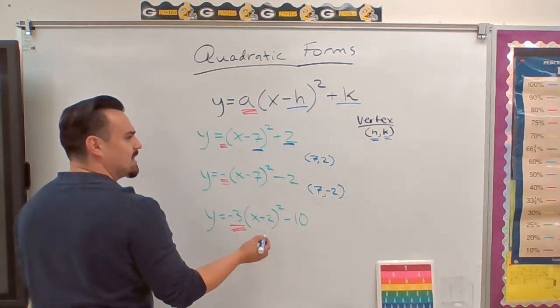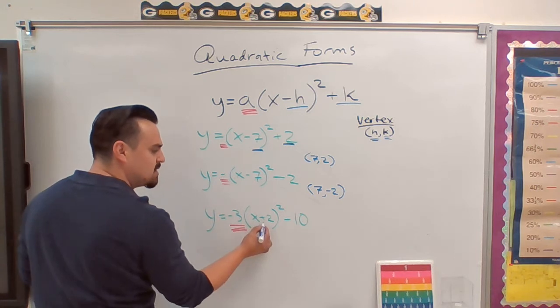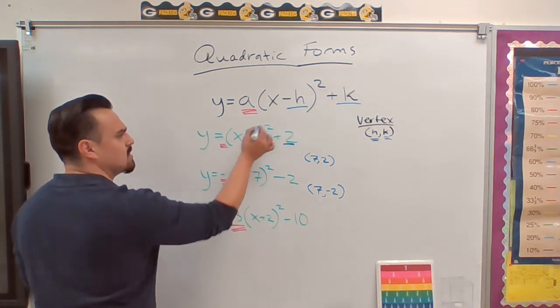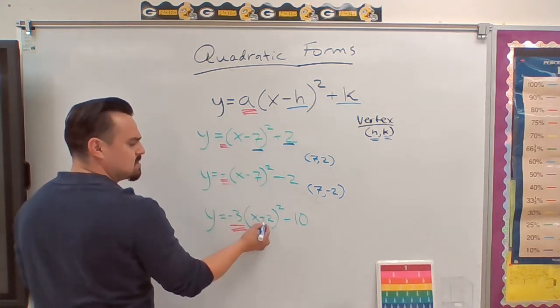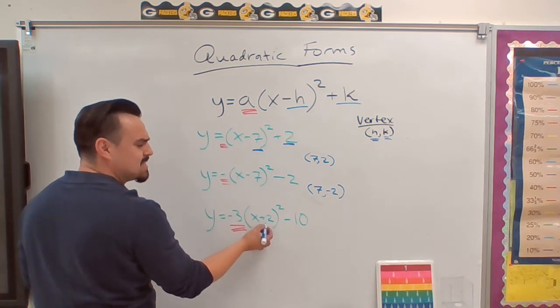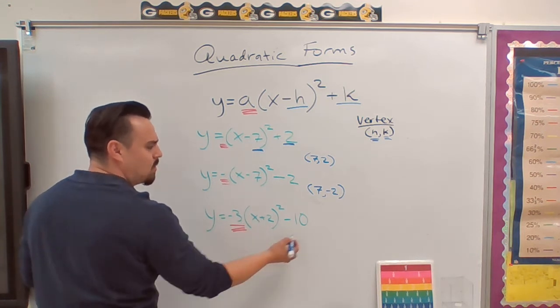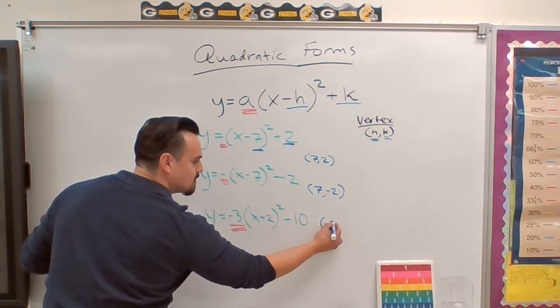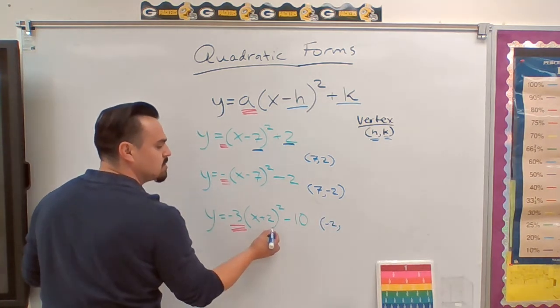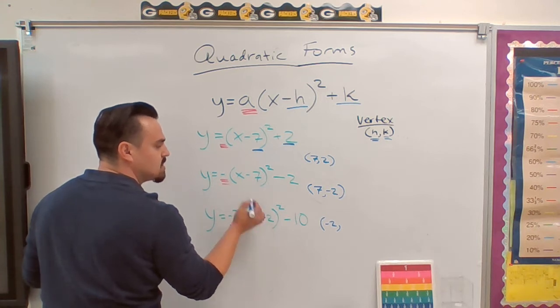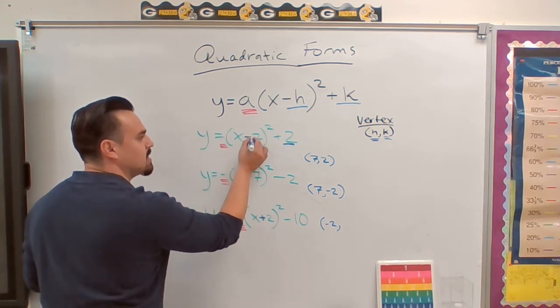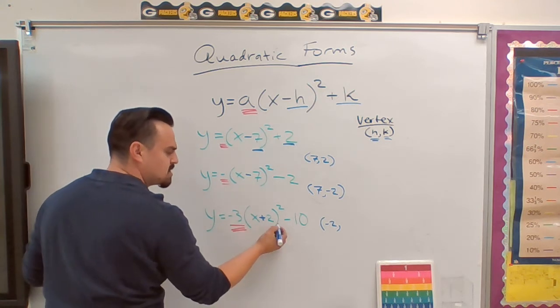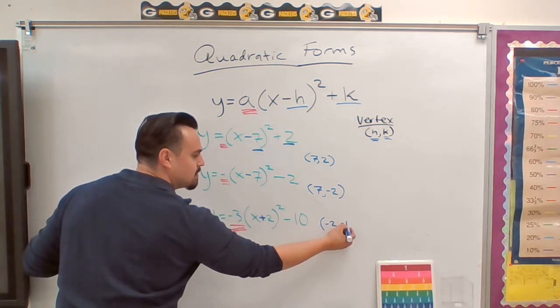And lastly, my vertex here is going to be, it has to be negative because it's minus H. If it's plus 2, that means it's a negative minus 2, or negative 2 for H, because this is a plus instead of the minus that you see there. That's a plus 2. And then negative 10.